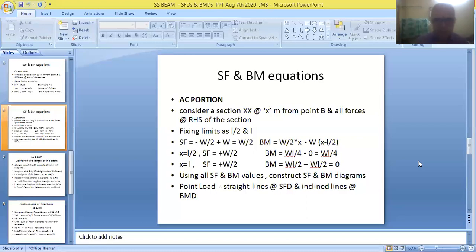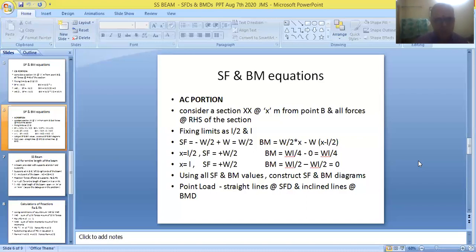And similarly, now we have to write the bending moment equations. So this is written as W by 2 into small x. It is taken at a distance of X meter from point B, so it is written as W by 2 into small x. Now this will be at a distance of X minus L by 2, so this distance is taken as X minus L by 2.